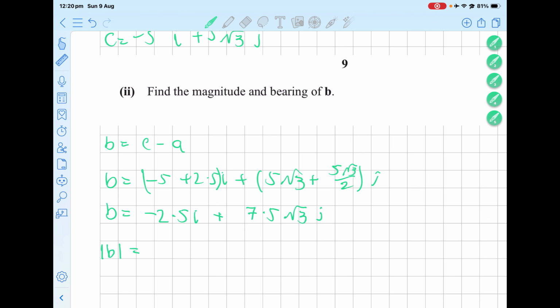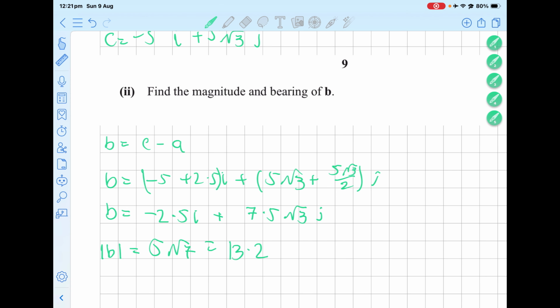We just square these and then sum them up, and then take the square root of that, so that's 5 root 7 or 13.2.